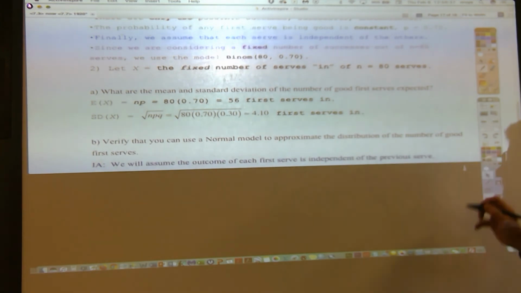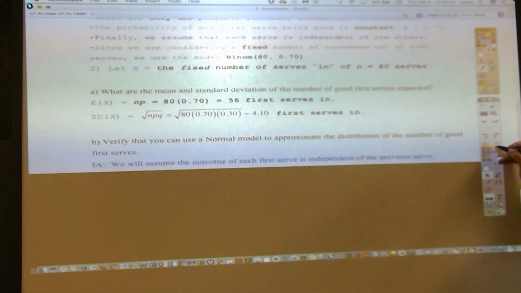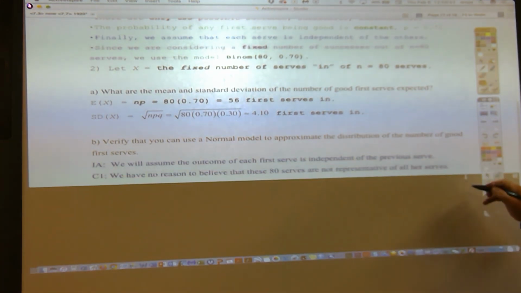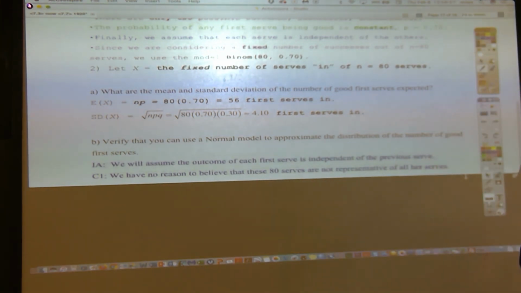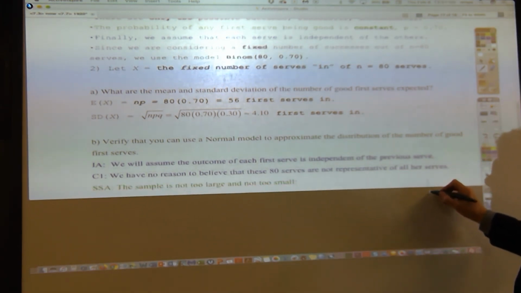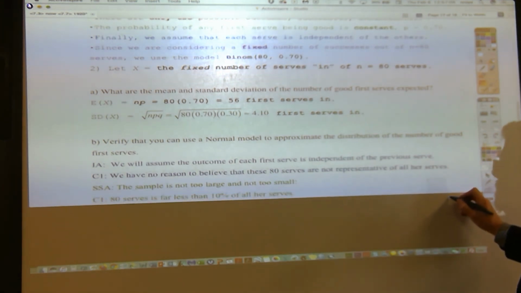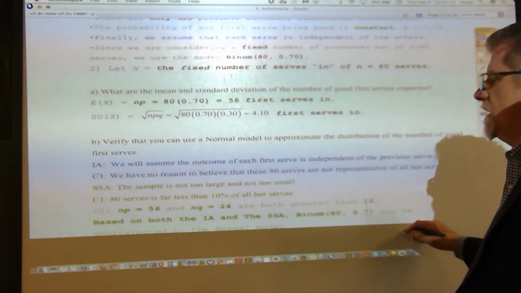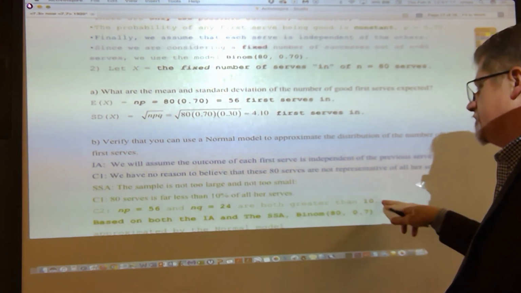Once it's already binomial, you don't have to look at the independence assumption. But you do have to look at the sample size assumption: the sample can't be too big or too small. 80 is less than 10% of the population. Then np and nq are both greater than 10, so we're good to go.